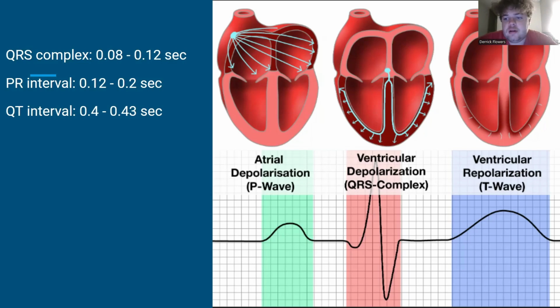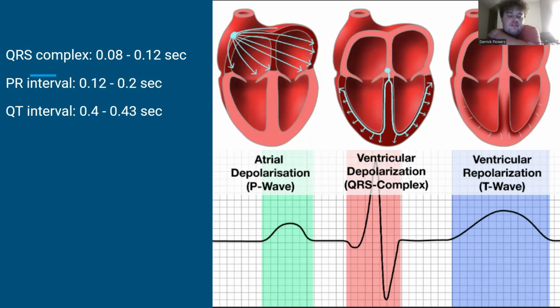Now, last thing I want to cover of this part is ventricle repolarization, aka your T wave. So these all have to do with contraction, right? This has to do with relaxation. This is when the ventricles relax and get ready to contract again. This causes your T wave. I'll explain it later with the electrolytes, but one electrolyte that helps with that is potassium.